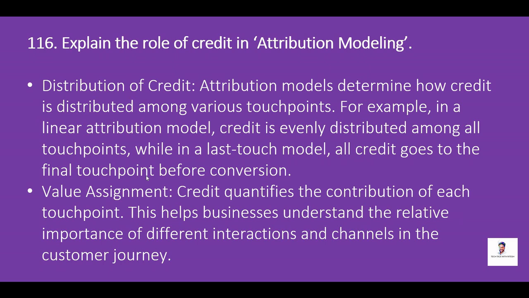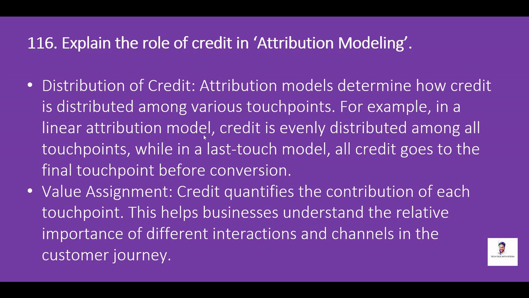Now we understand what is credit and what is a touch point, right? Now another question is, explain the role of credit in attribution modeling. Distribution of credit: attribution models determine how credit is distributed among various touch points. For example, in a linear attribution model, we will see there are many types of attribution model.